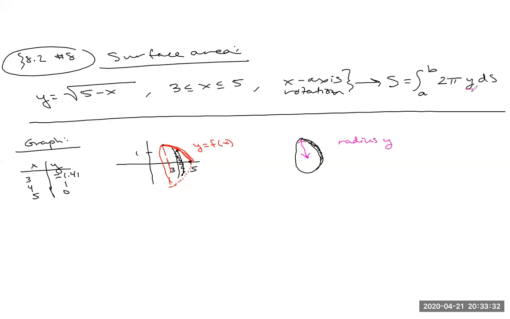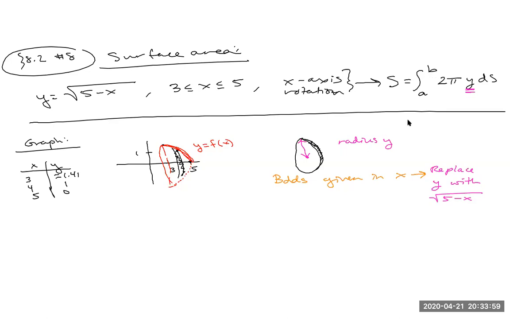So that part is going to refer to this y here. But remember, we have our bounds given in x, which means we are going to be using root 5 minus x in place of y for the radius.